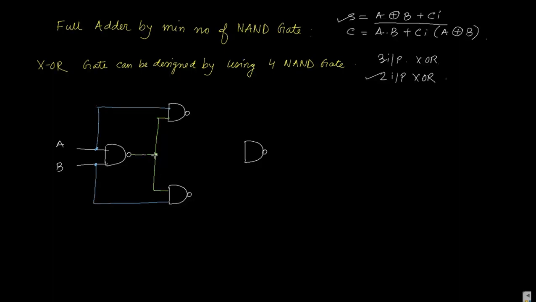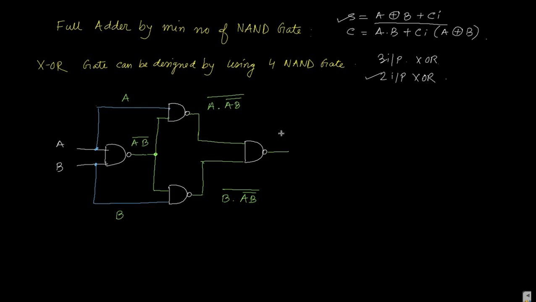Okay, so this is your A, this is your AB bar, this is your B. So the outputs become A and AB bar whole bar, and B and AB bar whole bar.